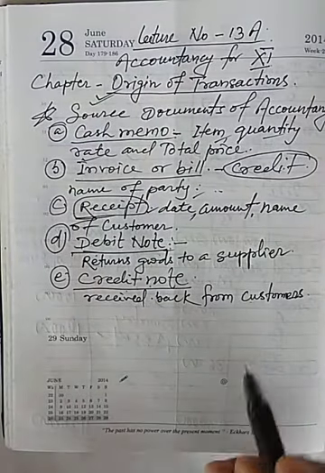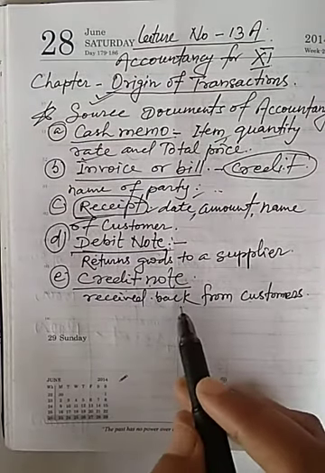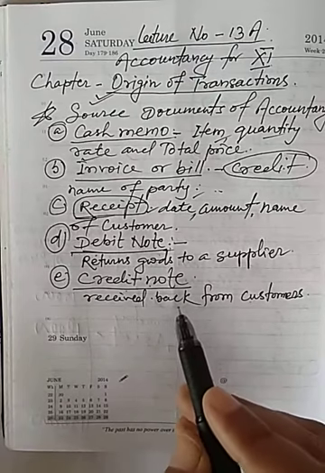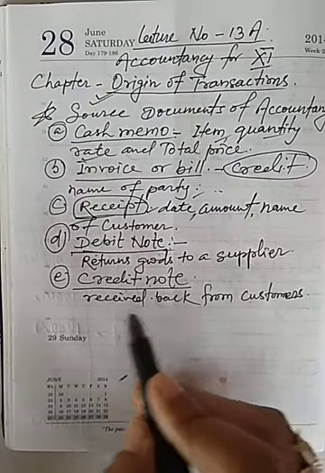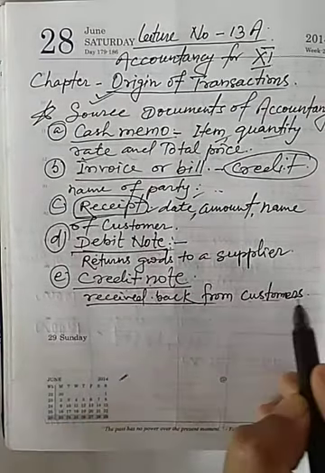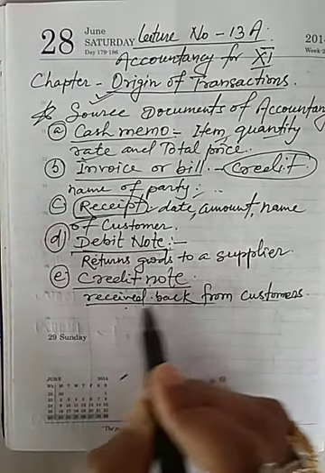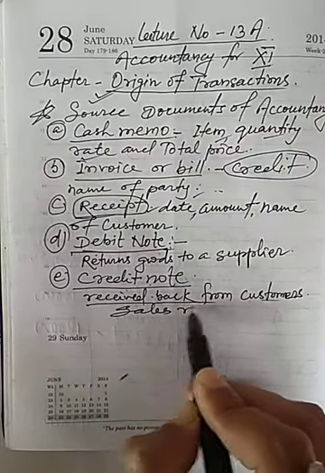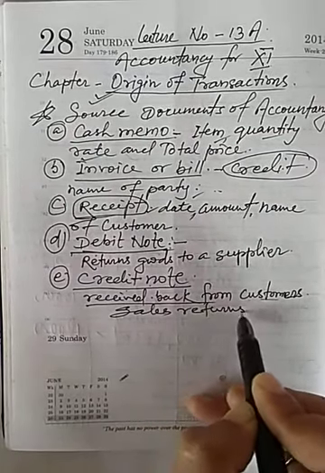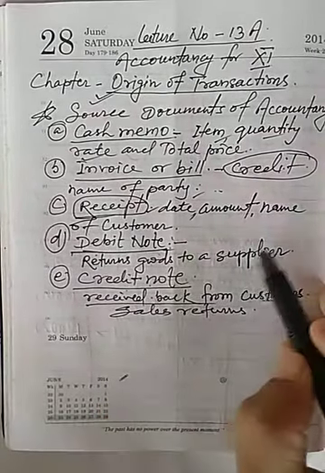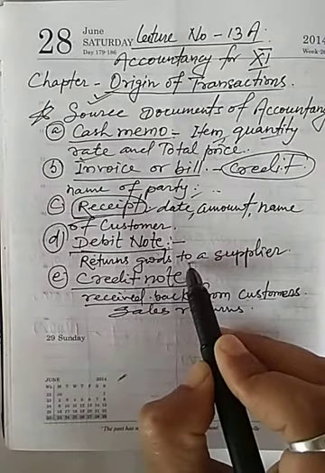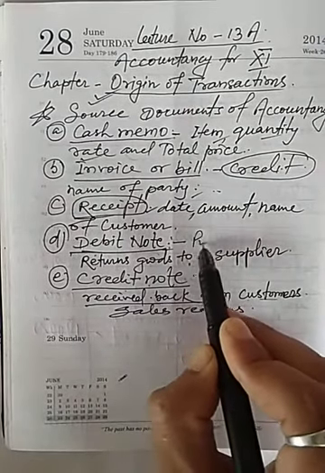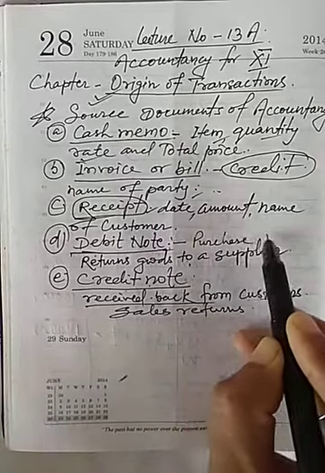A duplicate copy of the credit note is retained for record purposes. That means it is also known as sales returns, and debit note means purchase returns.